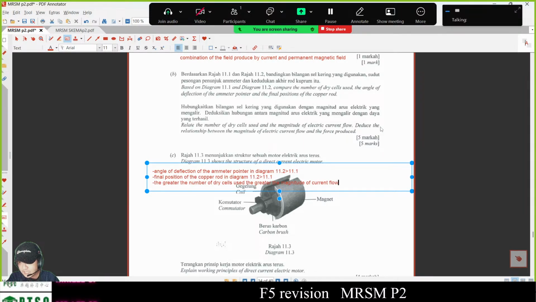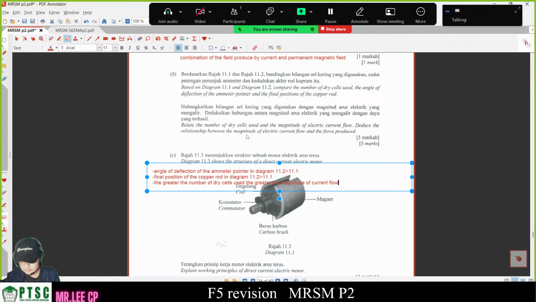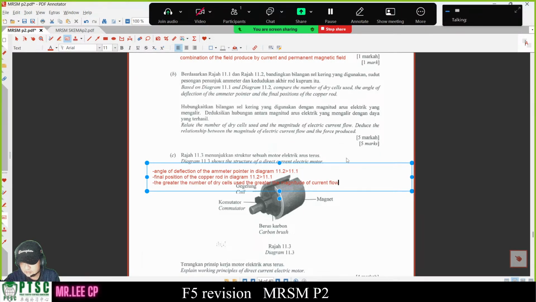And then lastly, deduce the relationship between the magnitude of electric current flow and the force produced.